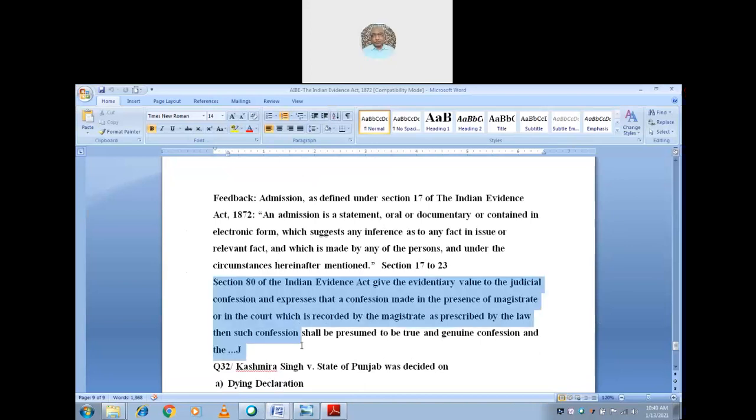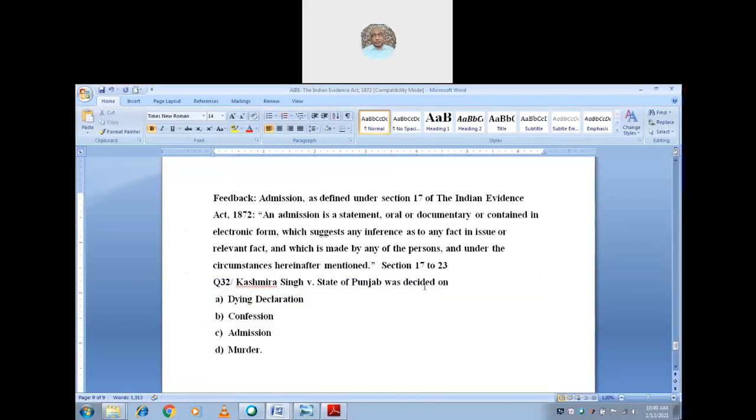This correction is made. So now confession from 24 to 30.